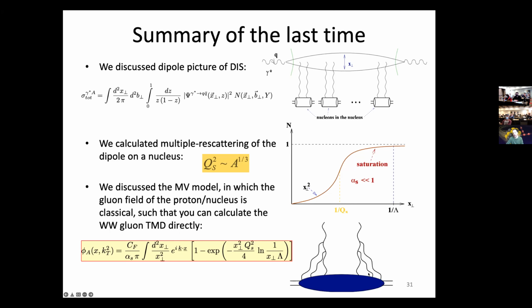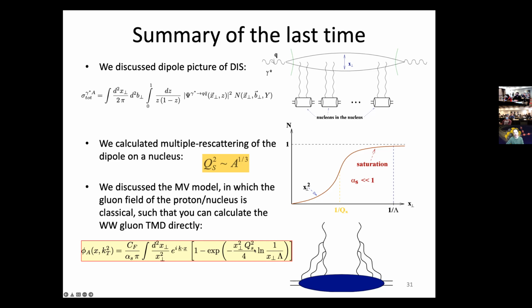So the correlation function is pictured as a diagram on the right. Each of those structures is a non-abelian classical field, A_perp, and then the A_perp correlation function gave us something in the small x community we call the unintegrated gluon distribution, but it's proportional to the gluon TMD, which I gave you a formula for.